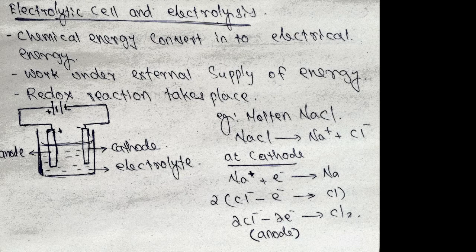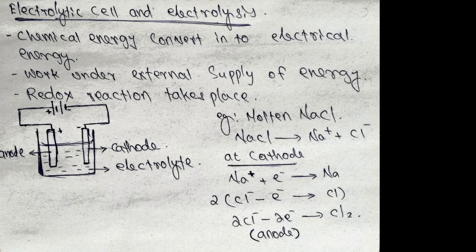Electrolysis. There are two types of electrolysis: electrolysis of molten substance and electrolysis of aqueous substance. Electrolysis of molten substance means substances like ionic compounds which melt after strong heating. For example, sodium chloride NaCl is solid.